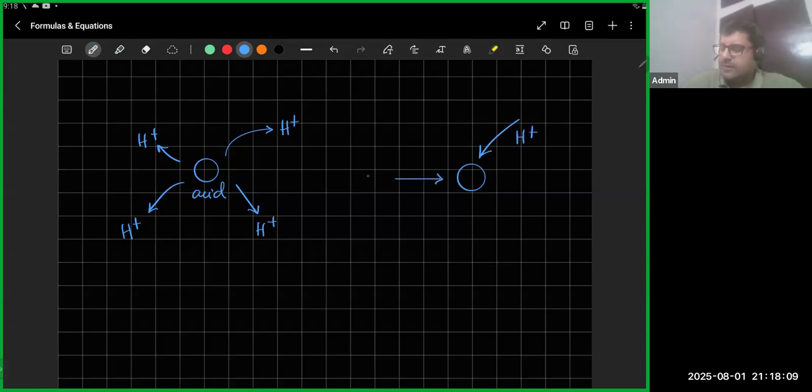For example, if this is oxide, it will start forming water with all these H+ ions, ठीक है?